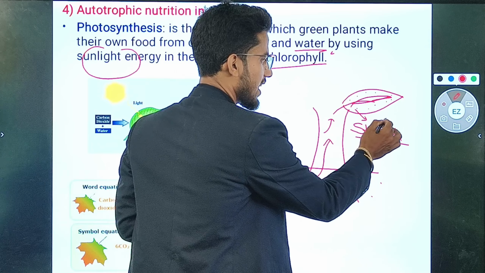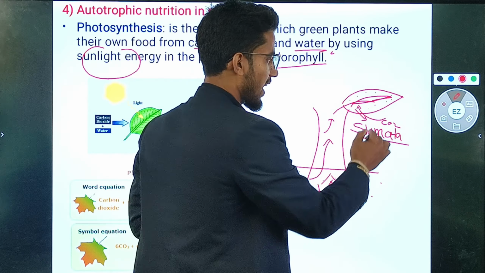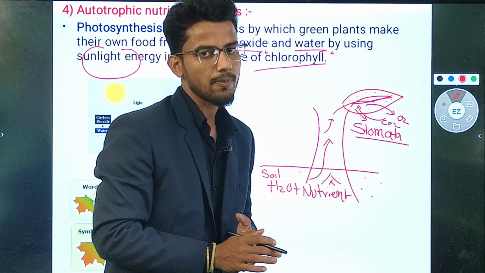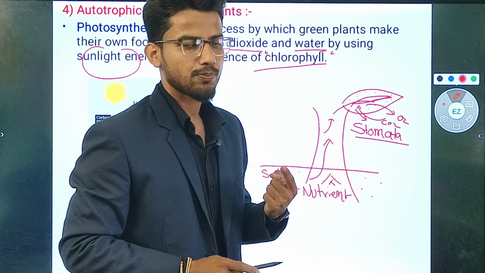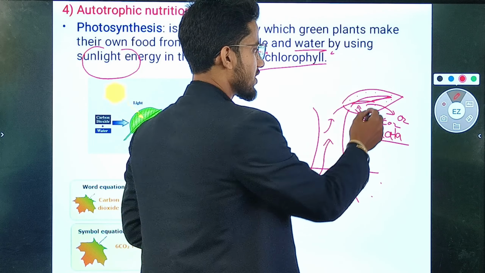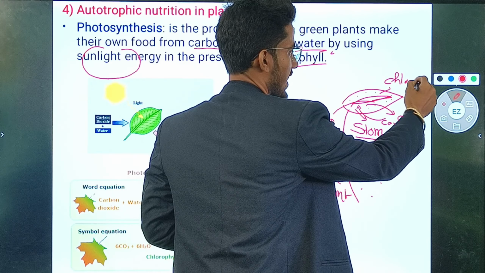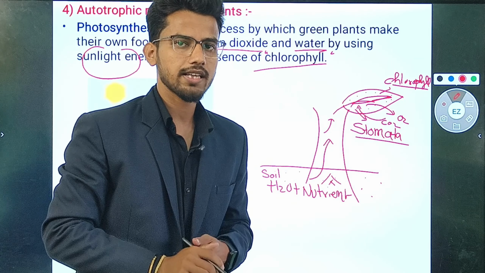That means they will allow the intake of carbon dioxide, and they will allow the release of oxygen into the atmosphere. Now, one more thing that is present on the surface of the leaves is the chlorophyll, which we know as the green pigment present on the surface of the leaves.